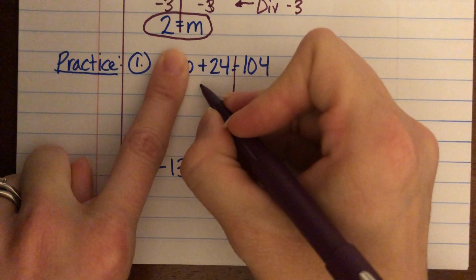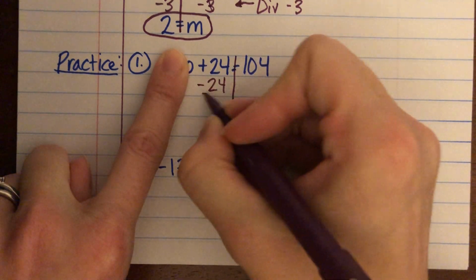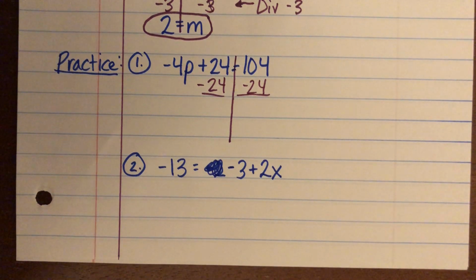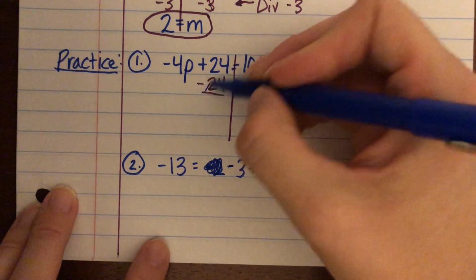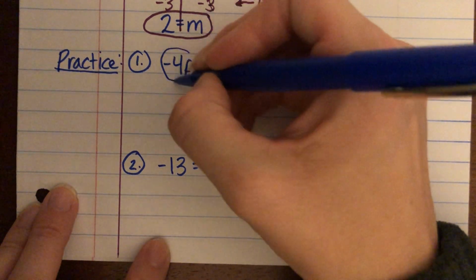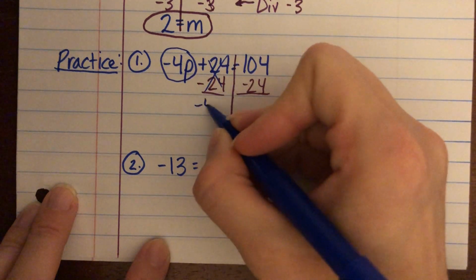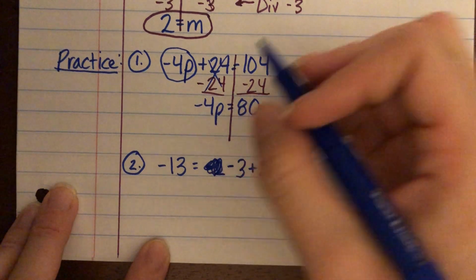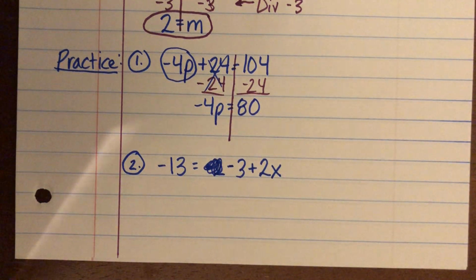I'm going to do the opposite, or the inverse, so I'm going to subtract 24 from both sides. Negative 4p is equal to 80. Divide both sides by negative 4.